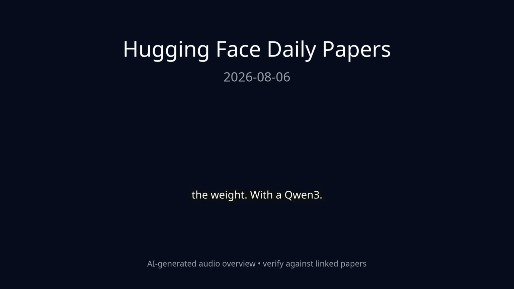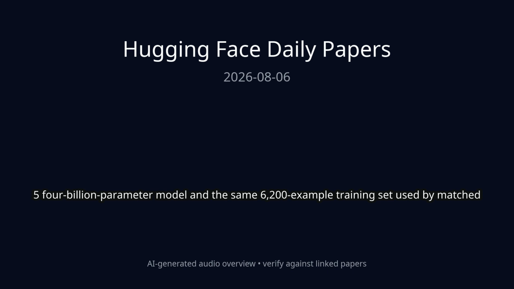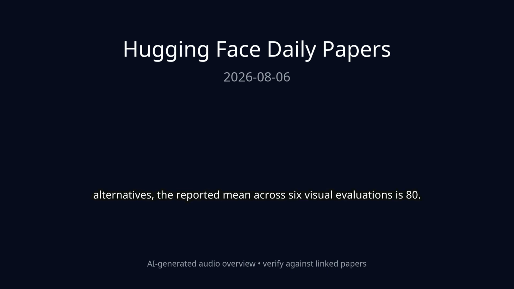With a Qwen 3.5 4 billion parameter model and the same 6,200 example training set used by matched alternatives, the reported mean across 6 visual evaluations is 80.01%. Vision OPD reaches 77.10%, while the base model reaches 64.30%.